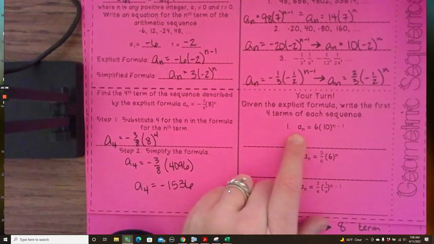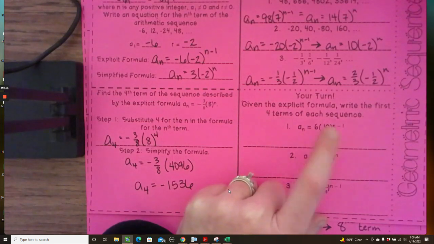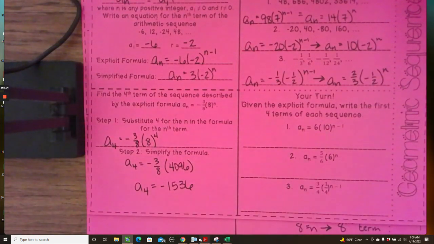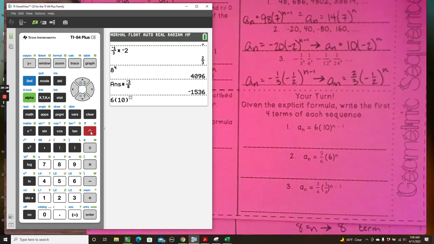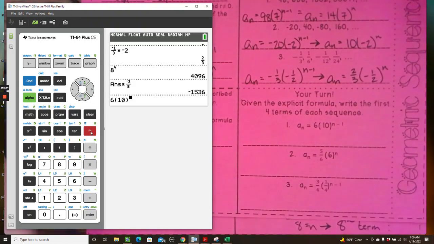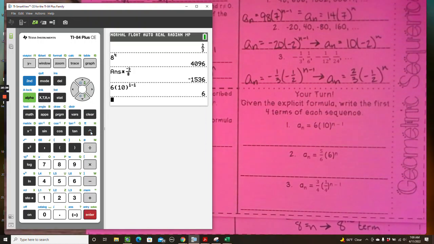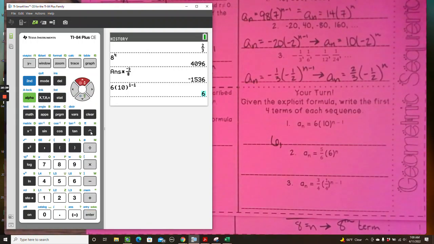We don't usually have, with geometric like we do with the arithmetic, where it says which term is this number. So this one says write the first 4 terms of each sequence. For this one, we would do 6 times 10 to the n minus 1, and for the first term we'd plug a 1 in there for the n, so we would have 1 minus 1. So our first term would be 6, and we go and do it again.